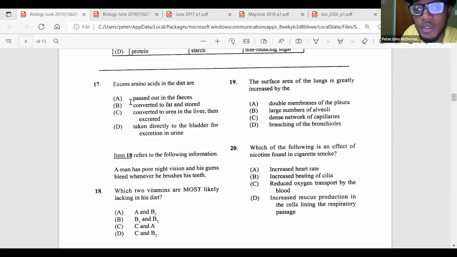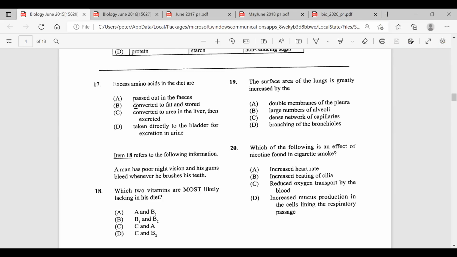Converted to fat and stored. Why couldn't it be converted to fat and stored, guys? Well, it could, but why is the answer converted to fat and stored not as good as C? Not sure, sir. All right, all I'm saying is that's just not what you typically do with amino acids.